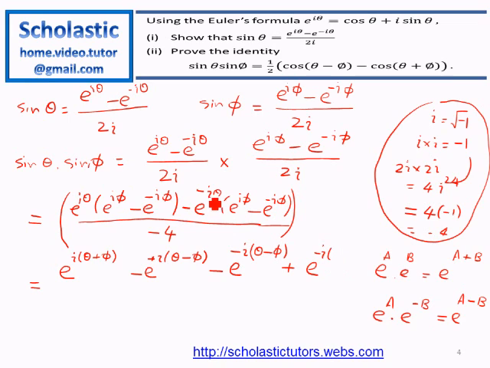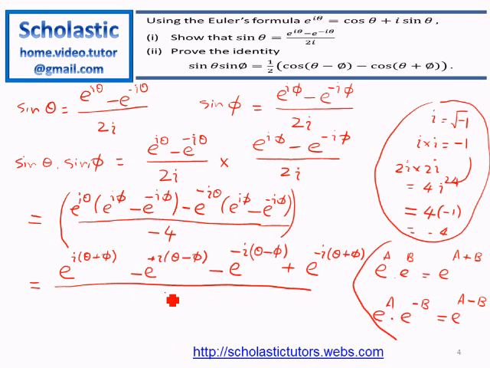It's not just adding, e to the negative i theta to the negative i phi, so that will be negative i common, then it will be theta plus phi. So make sure that you're not multiplying here, this is basically adding, so that's why this negative will not cancel off here. So that's the numerator, and then the denominator is negative 4.